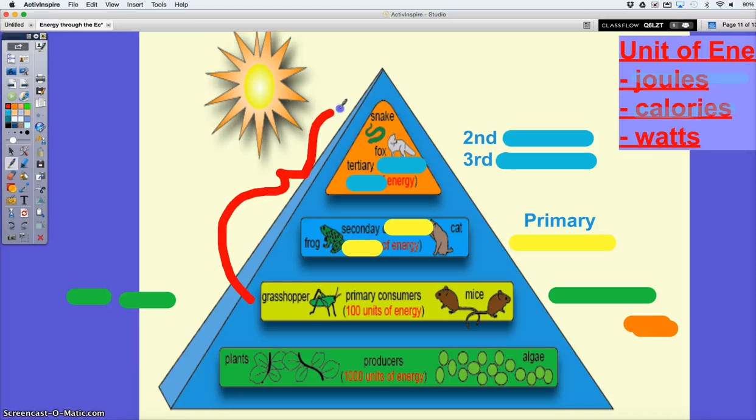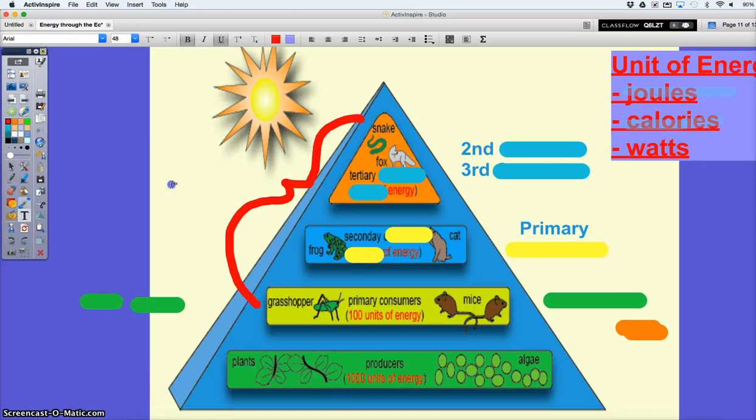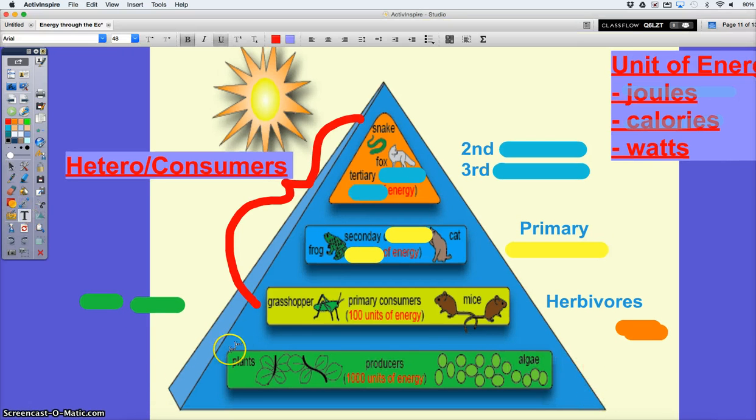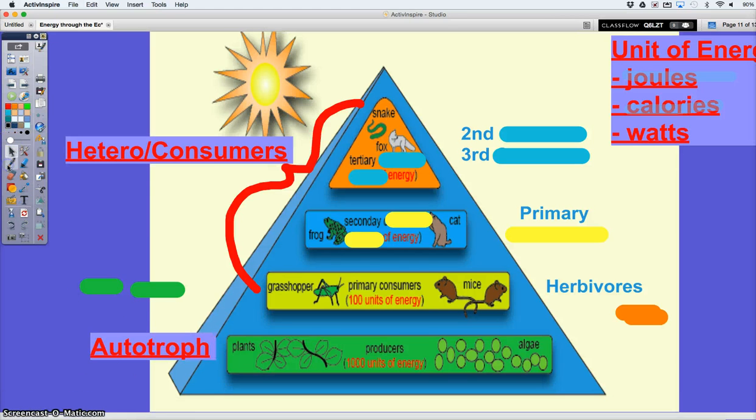Let's go like this and call all of these heterotrophs, right? Heterotrophs or consumers. So we're labeling this whole pyramid. And what did you say they are? Herbivores. Good. Everything, you can actually put the word autotroph here then, right? Because that's the term missing. Okay. All right, so we've got our primary consumers, in this case, grasshopper or mice.